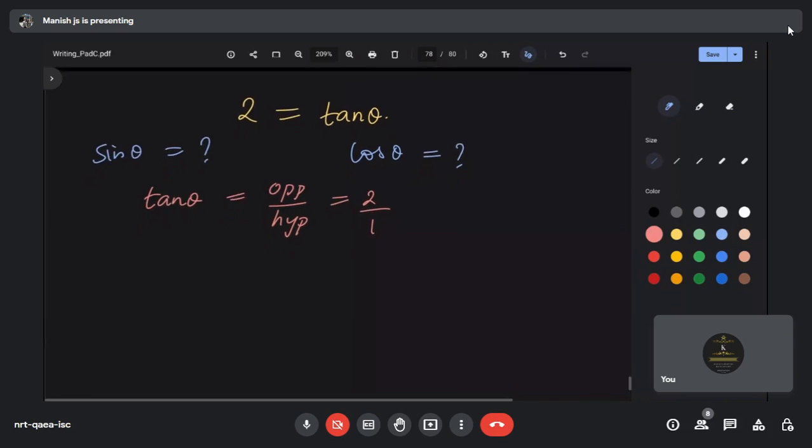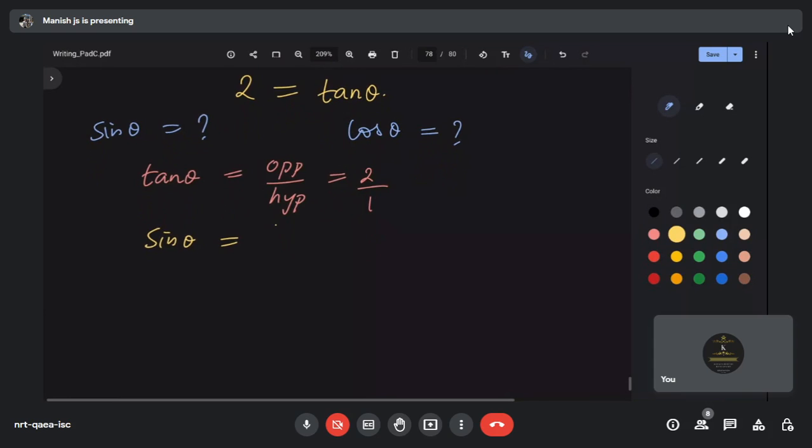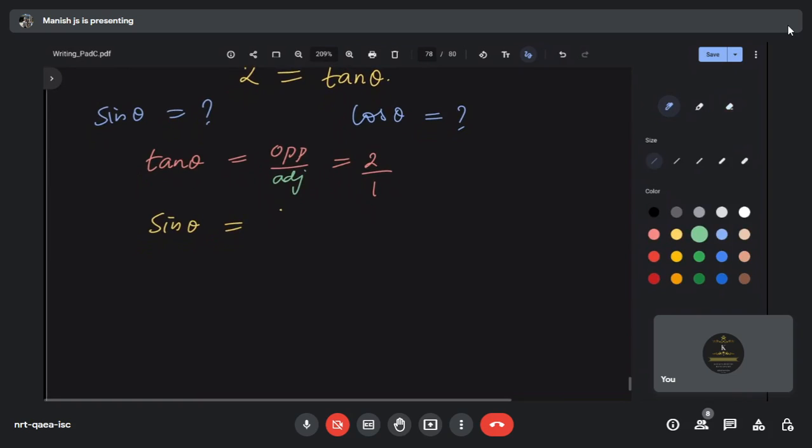If the opposite is 2, what is below it? Only 1. Similarly, what is sin theta? Opposite by... sorry, opposite by adjacent is tan, right? I made a mistake. Sin is opposite upon hypotenuse, right?